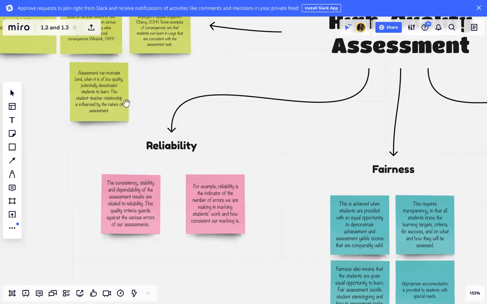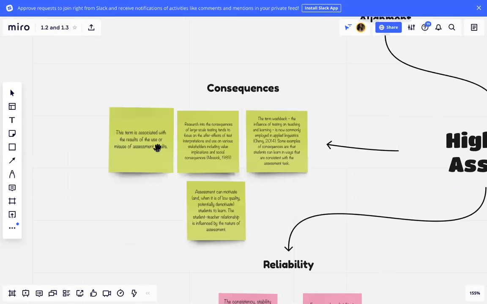Finally, we have the consequences. This term is associated with the results of the use or misuse of assessment results.